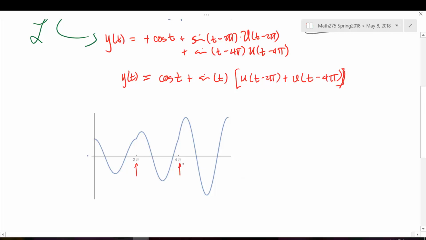That's when the shifts happen. And at the regular starting point from 0 to 2 pi, you just have the regular cosine function, right? And then from 2 pi to 4 pi, you have the cosine function, and then you add on the sine function.